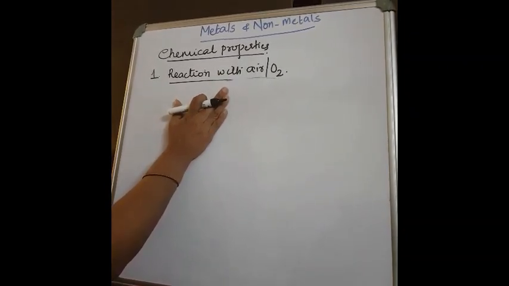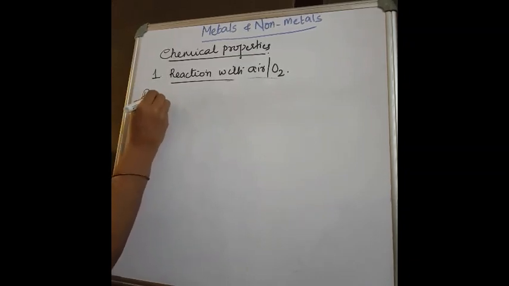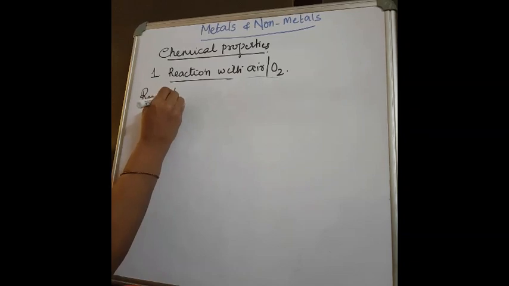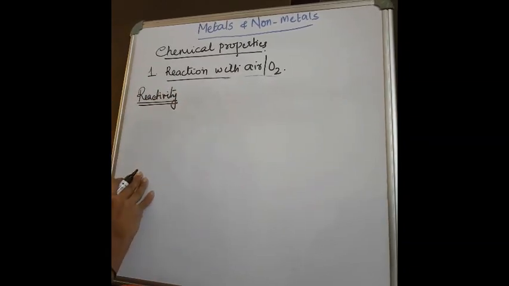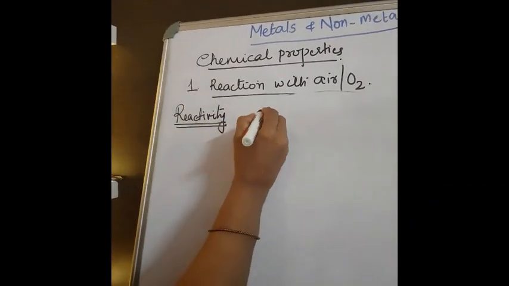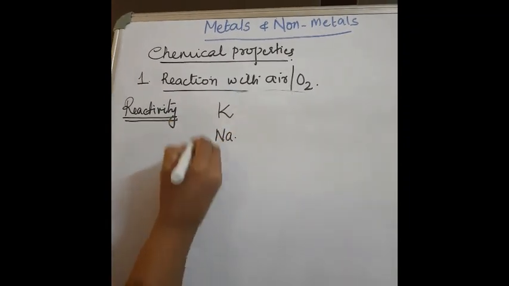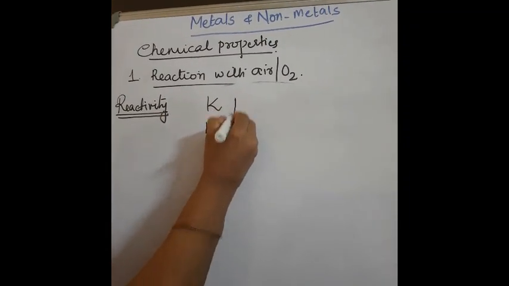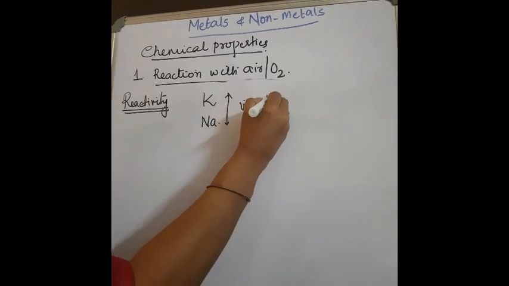Correct? Now, do you remember the reactivity series, or the activity series, which we learned in the last chapter? On recalling the reactivity series, I can say that potassium and sodium, these two metals, react violently with water and violently with air.